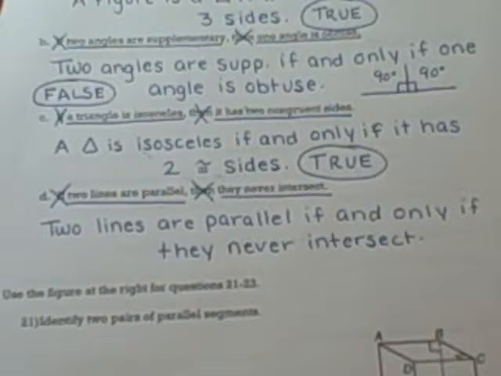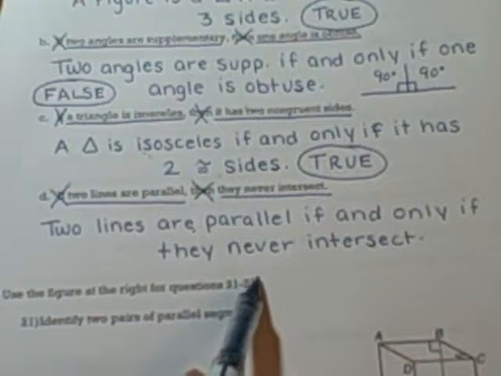Okay, so now, true or false? So if we know two lines are parallel, then do we know they never intersect? Yeah, I would say that's a pretty safe assumption, because that's the definition of parallel, is if two lines are parallel, they can't possibly intersect.